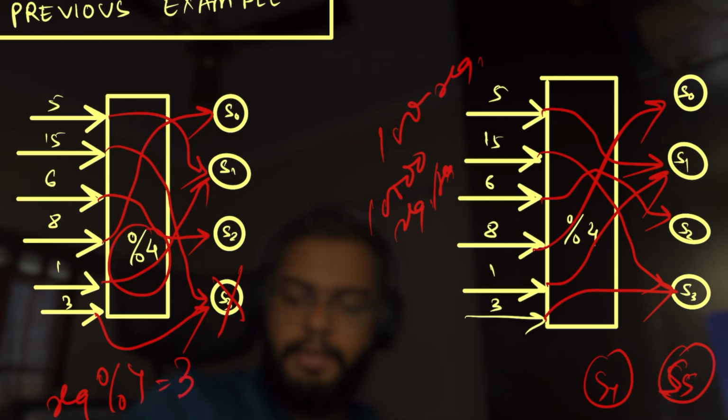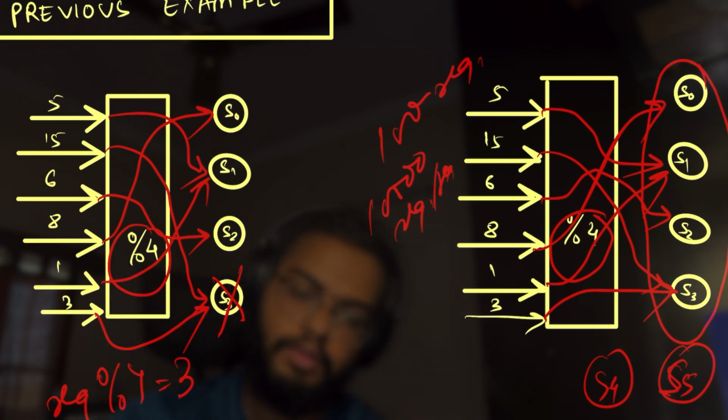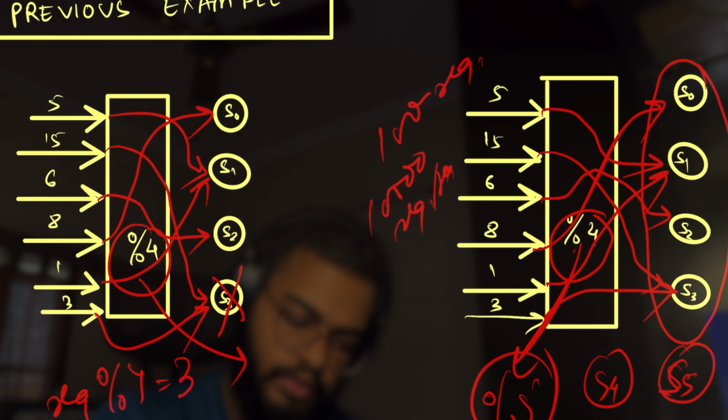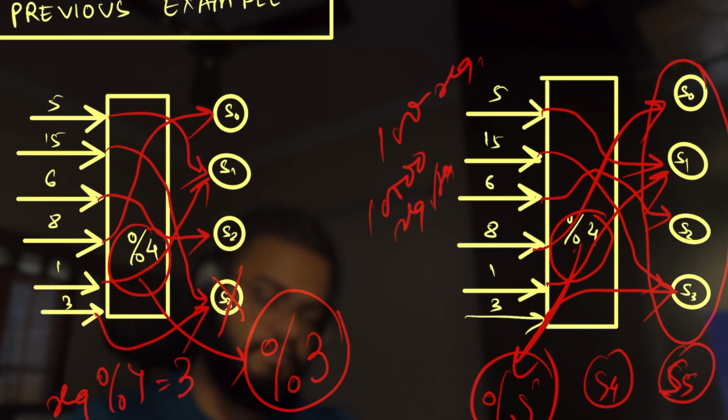We can see the problem here: modulo 4 would never let the range of servers go beyond 0 to 3, so server 4 and server 5 remain unused. So we need to change the modulo function again to modulo 5, and over here to modulo 3. These are the two main drawbacks of using just a simple hash function as a load balancer.